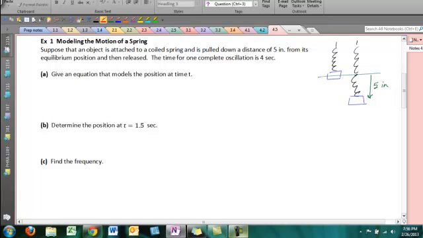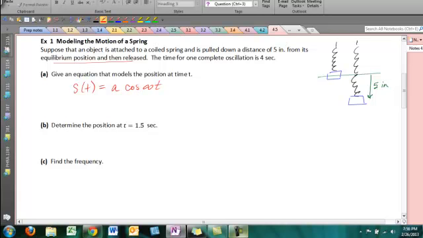That right there in that sentence, because it's pulled down, tells me that I'm looking at a cosine function. So we have s of t equals a cosine of angular speed times t. We needed that information to know we were talking about cosine.